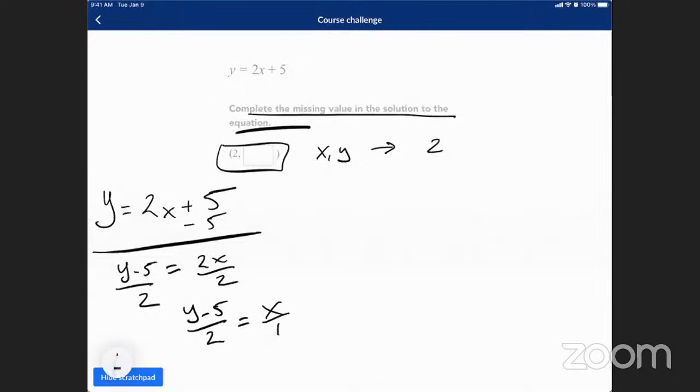Actually, this would just be 1, and that would lead us to 2x over 2 equals y minus 5 over 2, which I don't think we can do.